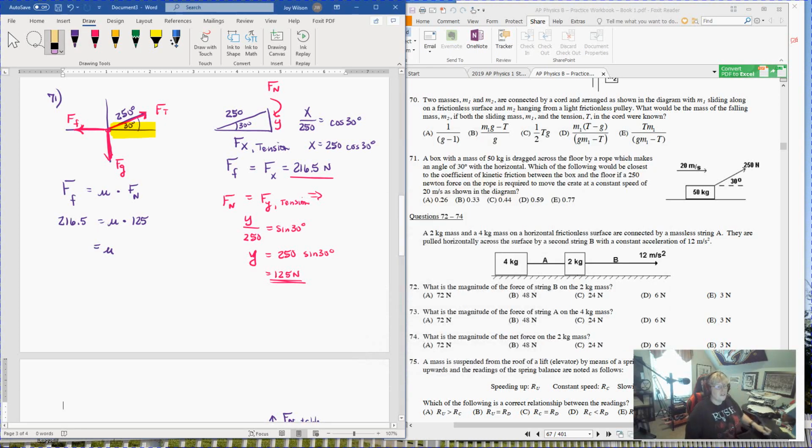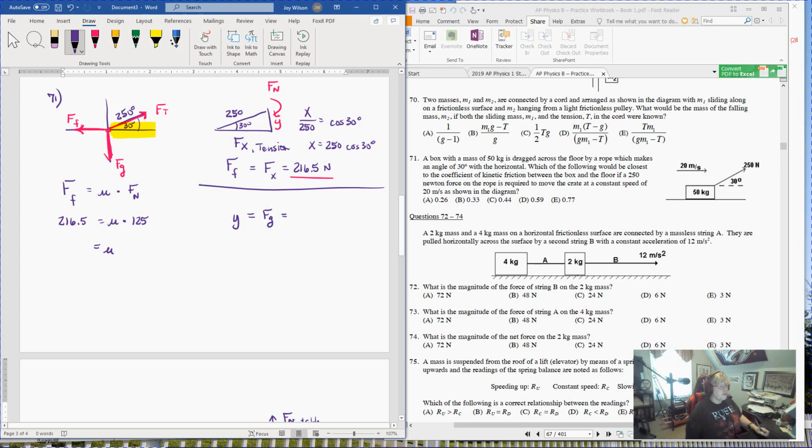Just dawned on me. I was fixing to remind you to not make this mistake, and then I made the mistake. Here's what the mistake is. All of this is right. Y has to balance force gravity. That was careless of me.